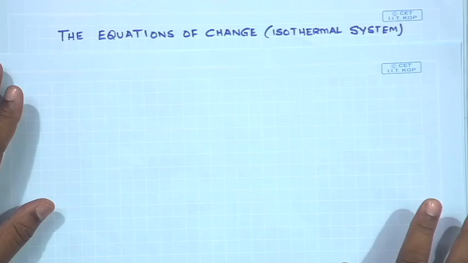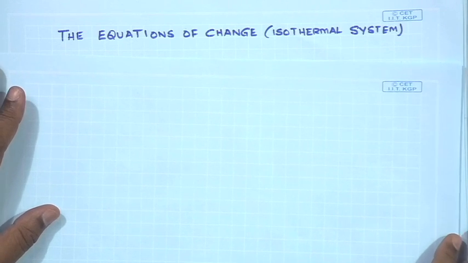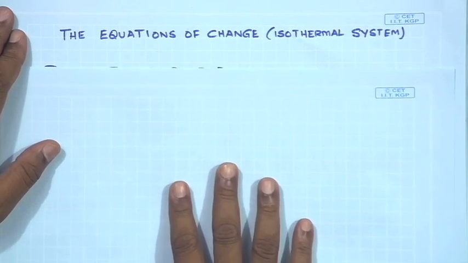But before we start, the topic of our today's lecture is the equations of change for isothermal systems. Now, when we talk about equations of change, there are certain definitions which need to be clarified. So, the concepts of different derivatives.